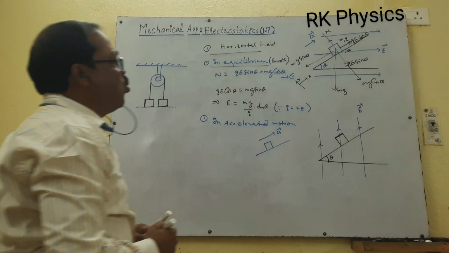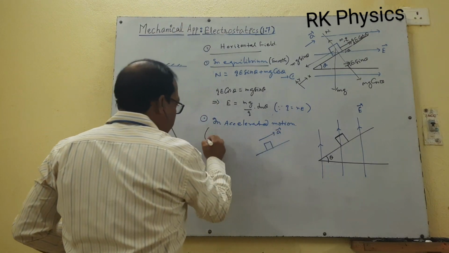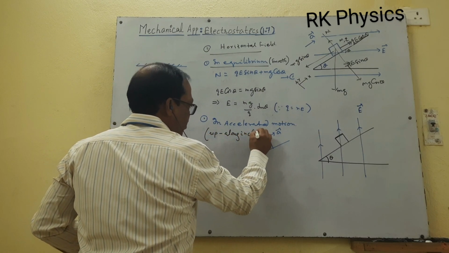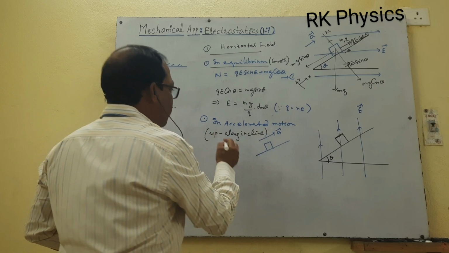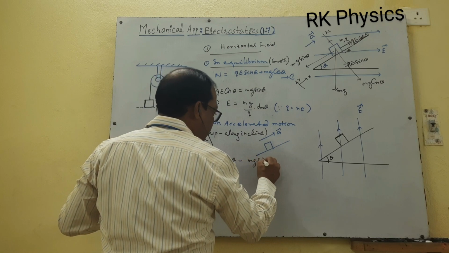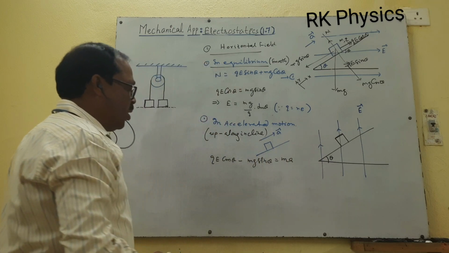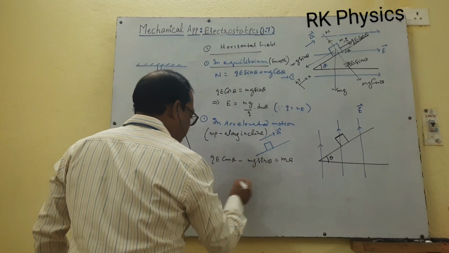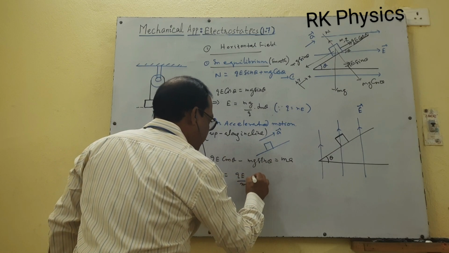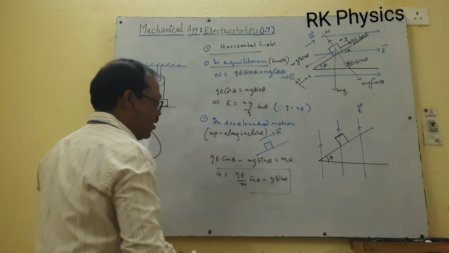If it is moving upward along the incline in accelerated motion, then qE cos theta must be greater than mg sin theta. Therefore, the difference of these two must be equal to mass into acceleration. From this you find a, that is, a equals qE by m cos theta minus g sin theta. So this is the value of the acceleration.